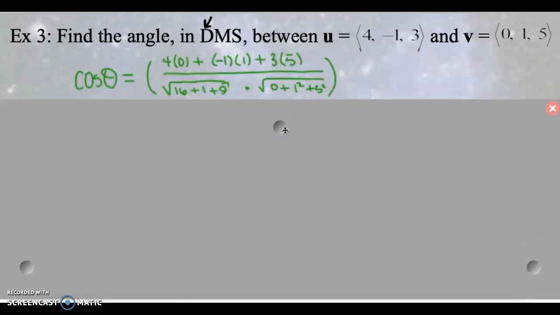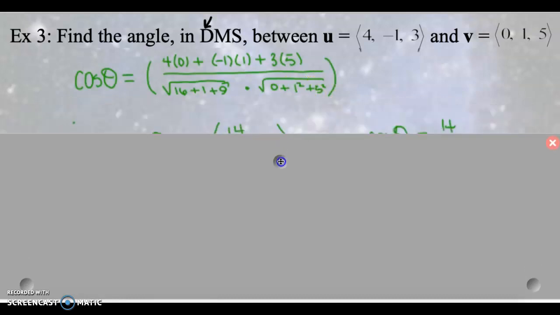So we're going to go ahead and plug it in the formula. Cosine of theta is 4 times 0 plus -1 times 1 plus 3 times 5 divided by the square root. This is giving us the magnitude of u, 16 plus 1 plus 9 times the square root of 0 plus 1 plus 5 squared, so 1 plus 25.